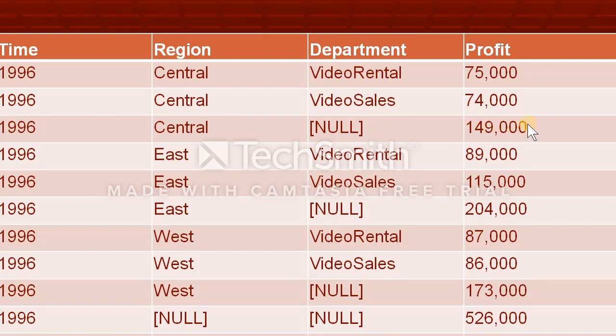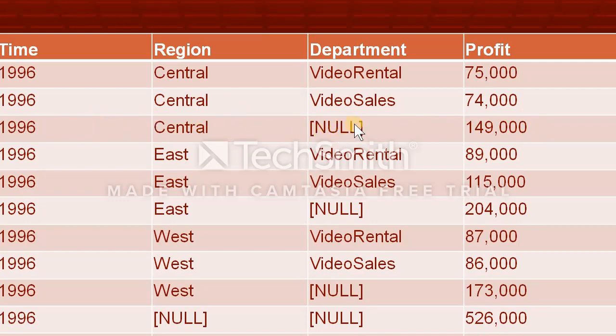So this line says that in year 96, in central region, the profit of all the departments, since we do not have any department here, means we are considering all the departments. So this is the profit for all the departments in central region in 1996.